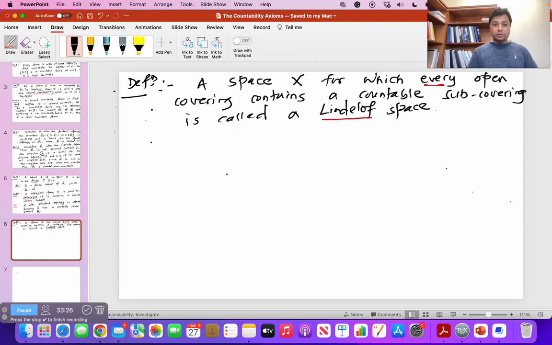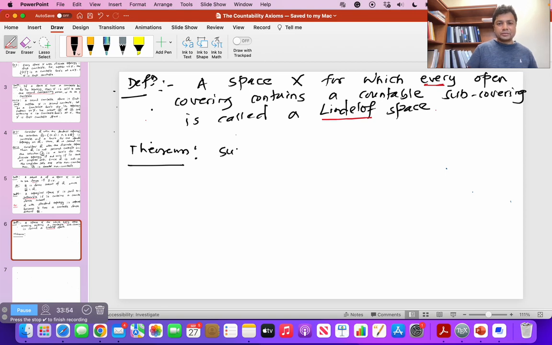Now let's see the relation between second countable space and Lindelöf space. I'm going to give you a theorem without proof, and this theorem gives us the relation between second countable space and Lindelöf space, and also between second countable space and separable space.